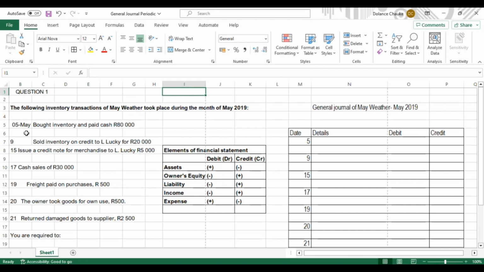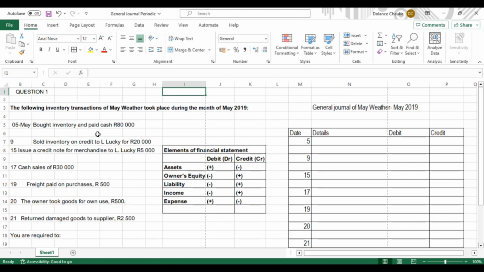Bought inventory and paid cash 80,000. Okay, so there we need to identify 2 accounts affected, and then we're going to follow the elements of financial statements to assist us which one to debit, which one to credit.